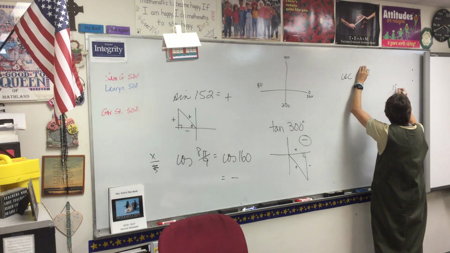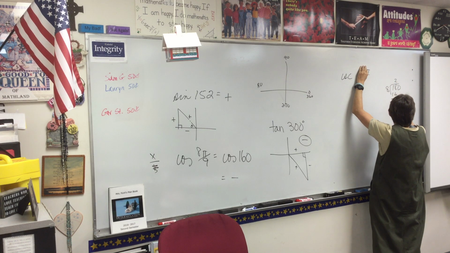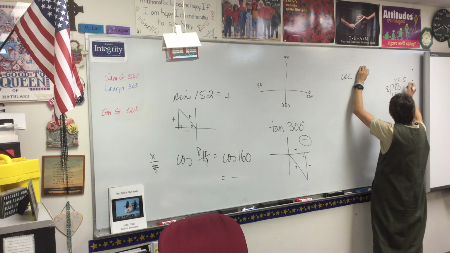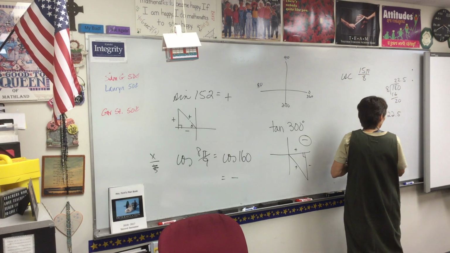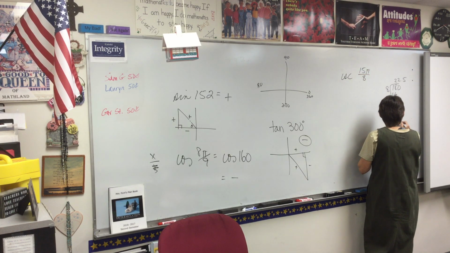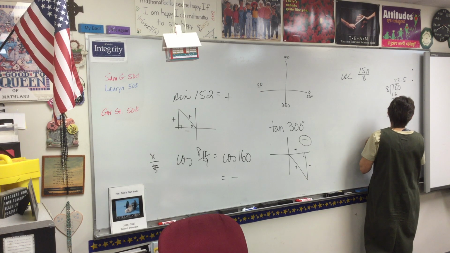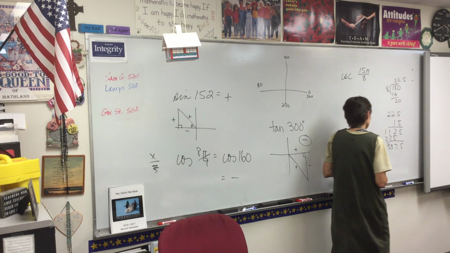Divided by 8. Some of you got this already. 22.5. And then I gotta multiply that by 15. Oh, good grief. Let's see. I got 337.5.